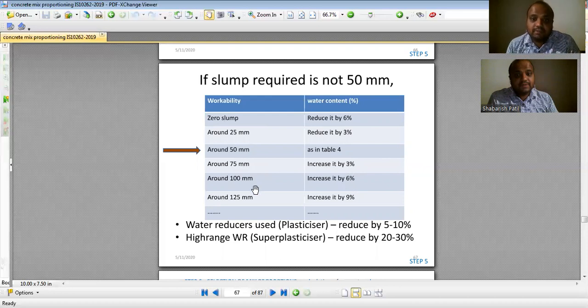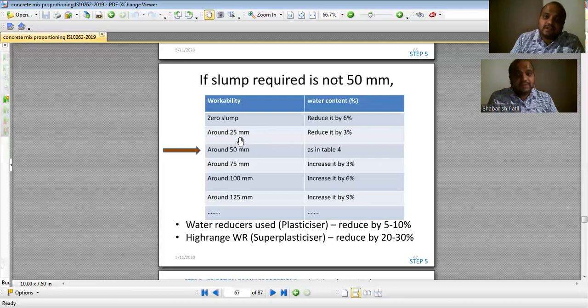If I want 100 mm, I have to increase it by 6%. If I want 125 mm, I have to increase it by 9%. It continues like this. If I want 150, I have to increase it by 12%. So what the IS code says is, for every 25 mm increase in the slump, we are supposed to increase water content by 3%.